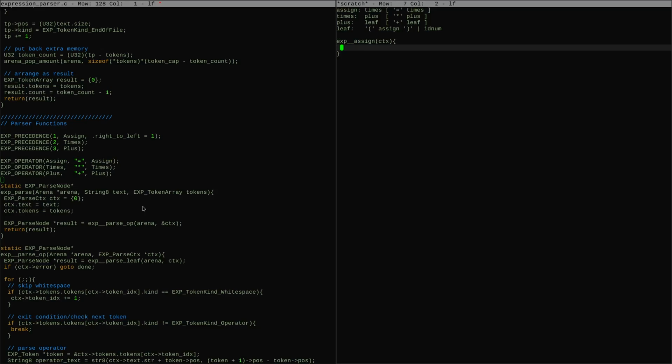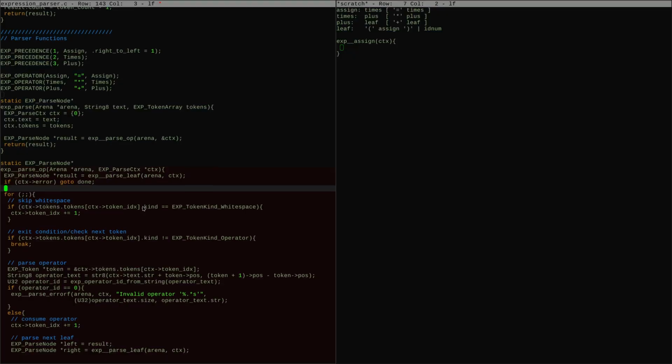It would say something similar to all this. So it'd be like node, let's call this result equals parse or expression times with the context. So this is something like this.